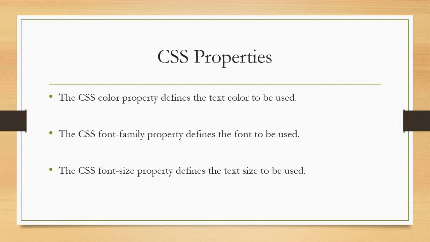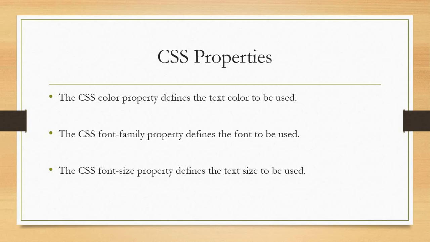So there are some properties associated with CSS. The color property can define text color. The font family property can define what text you want to use: Comic Sans, Times New Roman as examples.